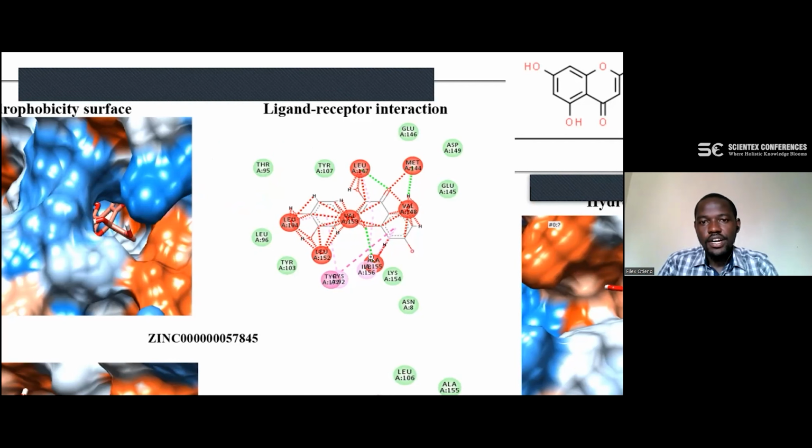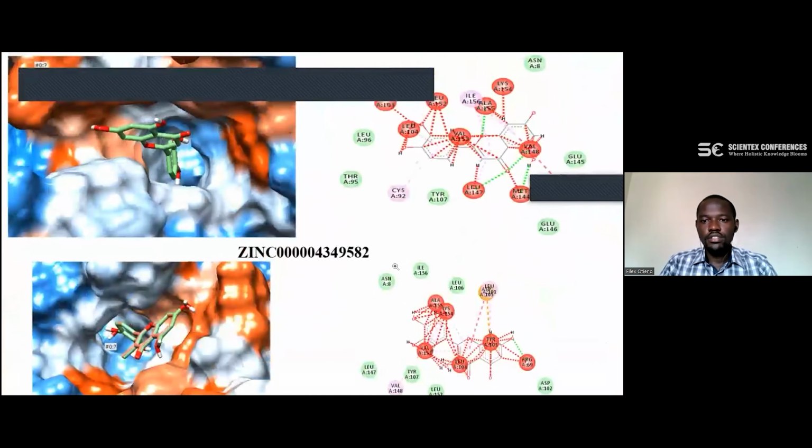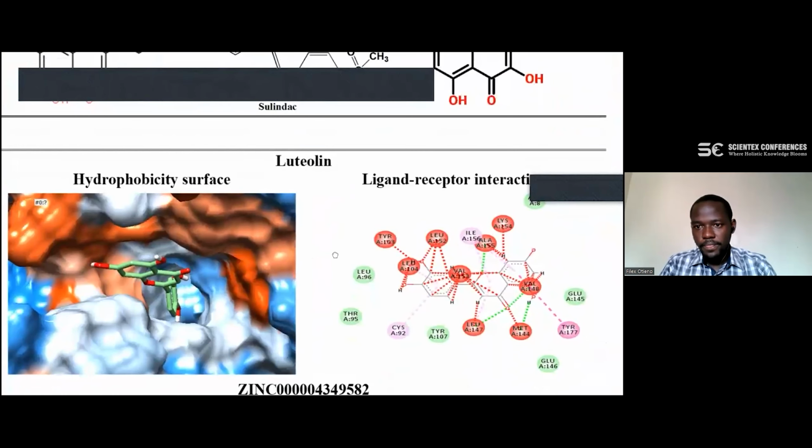We have newer amino acids, leucine and methionine, and another valine at another position. So generally, this was similar to luteolin, as you can see.